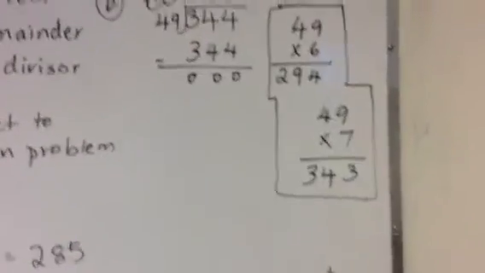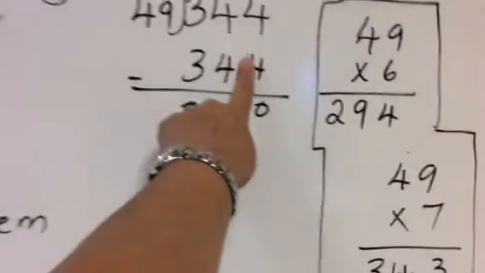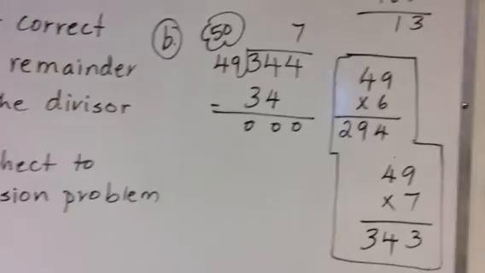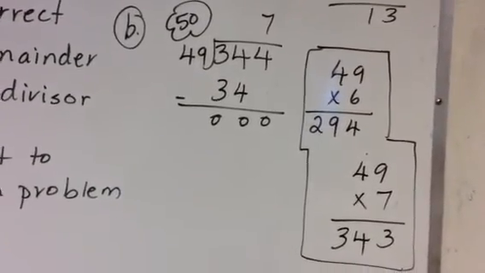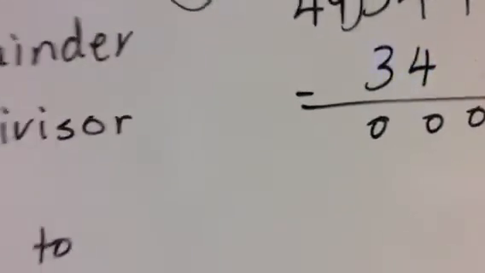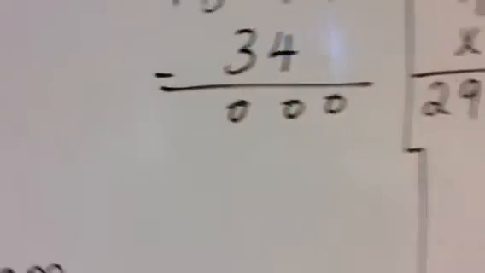So I need to erase this and put 343. Let me get a marker.